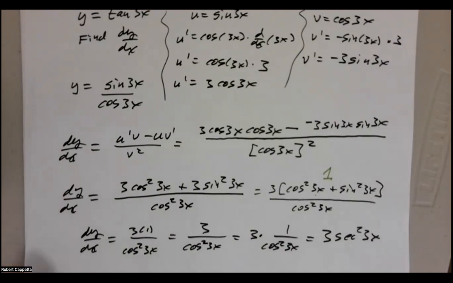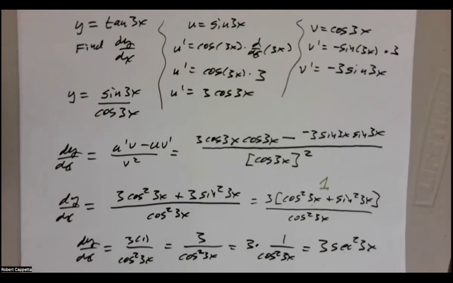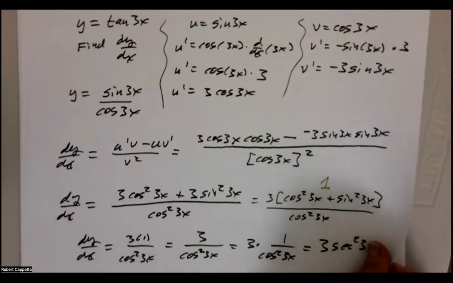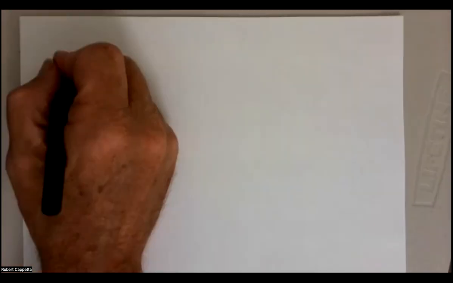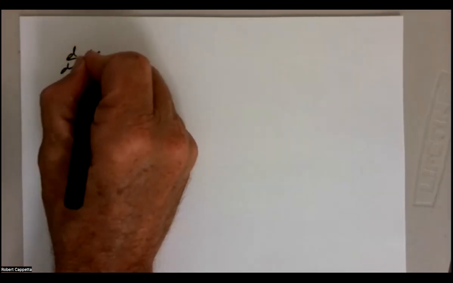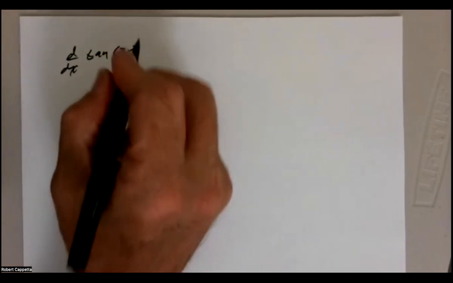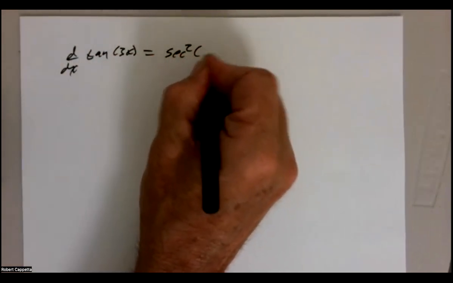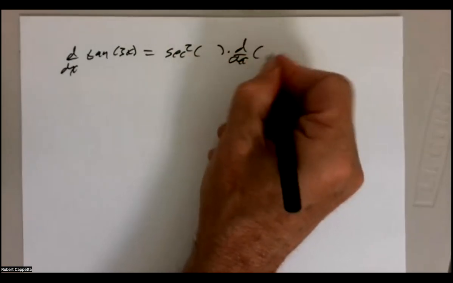3x, which you could have gotten immediately if you would have used the chain rule. If my directions were different, and I asked you to find the derivative of tan 3x using the chain rule, you certainly could have gotten there. So let me show you that strategy. If we're going to do the same problem with the chain rule, the derivative with respect to x of tangent 3x. The derivative of the tangent of something is secant squared of the something times the derivative of the something.